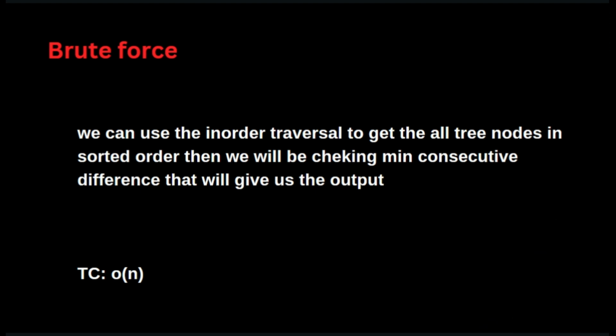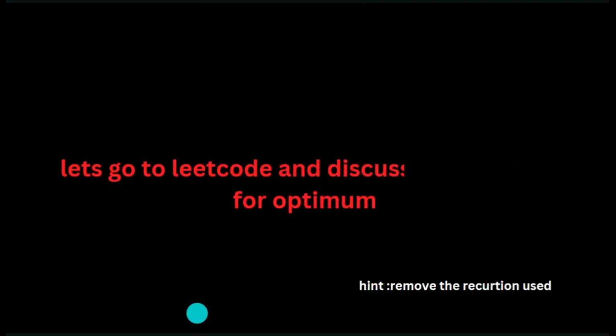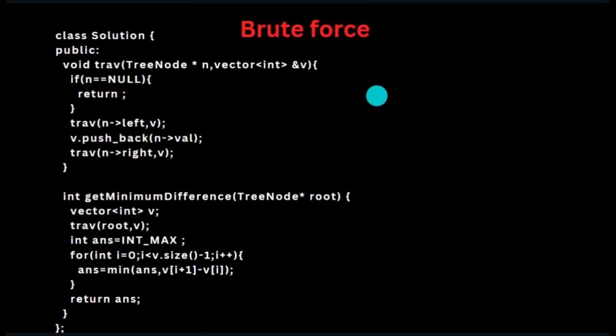So now let's go to the brute force code. Here this trav function is doing the in order traversal. Here I am checking that n, which is the root node, is not equal to null. If it is equal to null, we will return, and if we have a left, we will traverse to the left, and we will push into that array, and again traverse to the right, because the in order traversal includes first going to the left node, then the root node, and the right node.